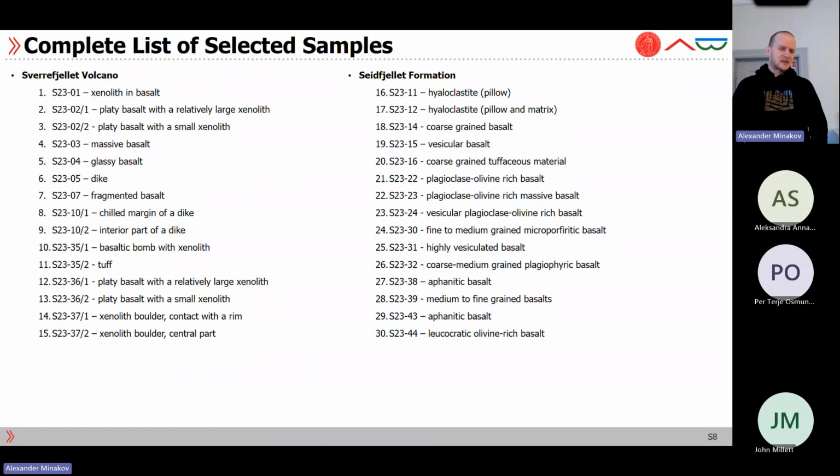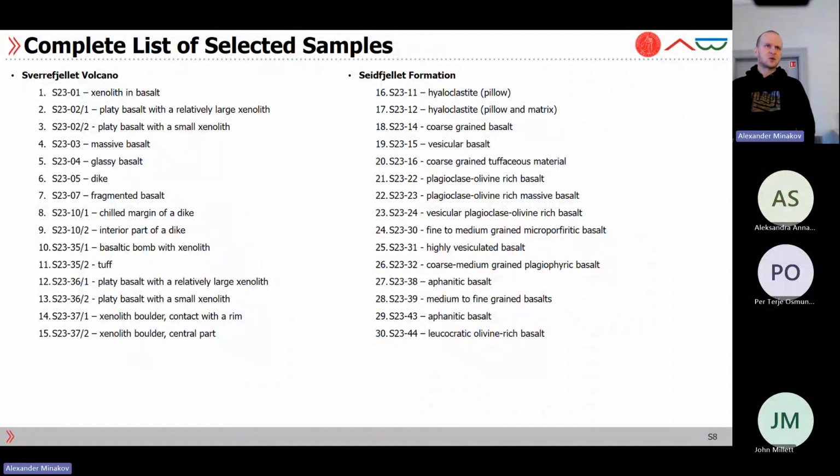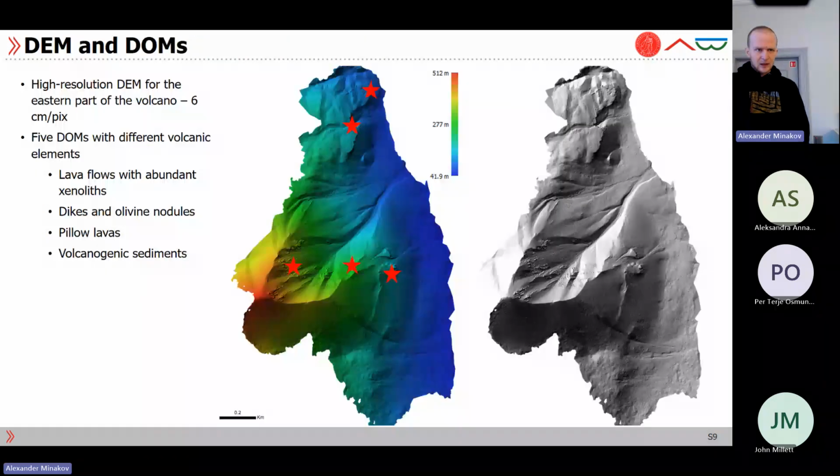As I said, it's 15 samples for the Sverrefjellet volcano mainly, but also more or less the same approach we will do for the Sverrefjellet formation, also discussing meso and microscale features in terms of magma emplacement models and integrating them into a series of digital outcrop models. But this is for the next part of our study.